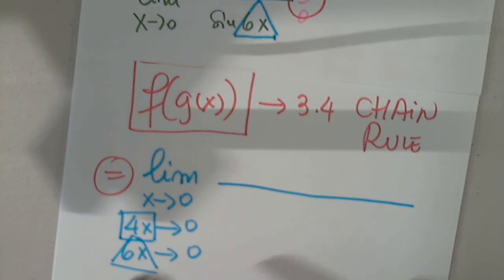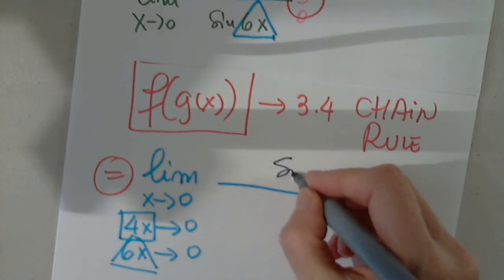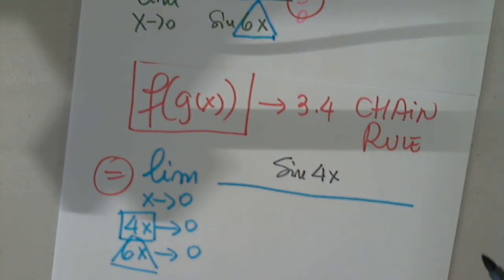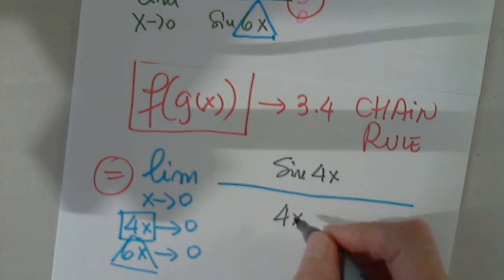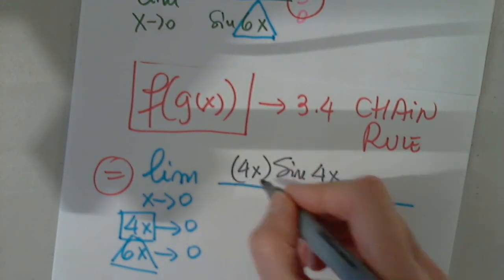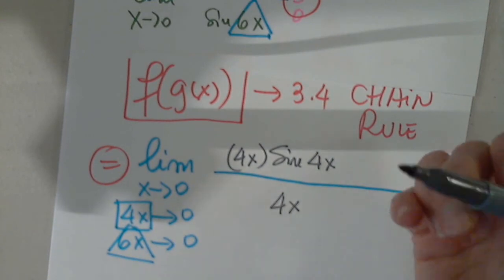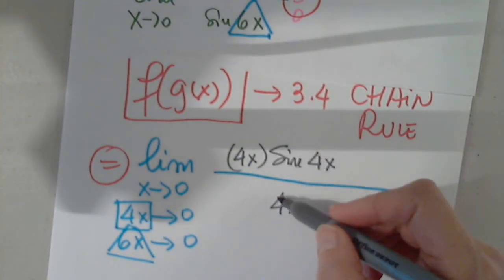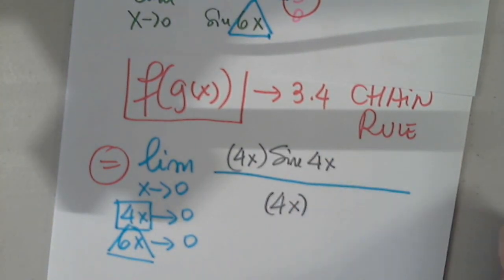Now, I'm going to manipulate this function in this way. If I multiply the numerator by 4x and the denominator by 4x, do I change the function?